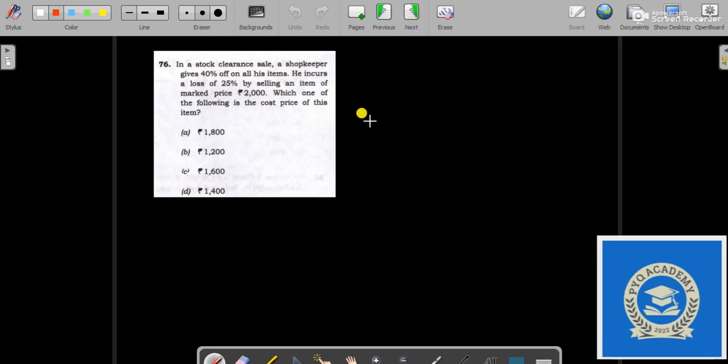Next question. In a stock clearance sale, a shopkeeper gives 40% off on all items and incurs a loss of 25% by selling an item of marked price 2,000. Initially the MRP was 2,000 rupees.